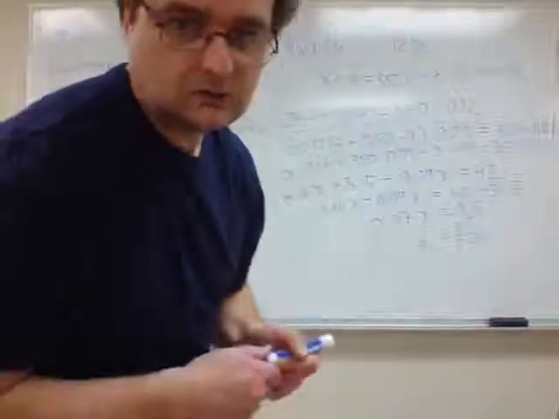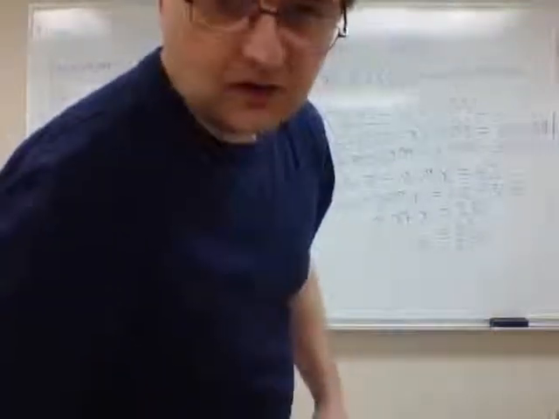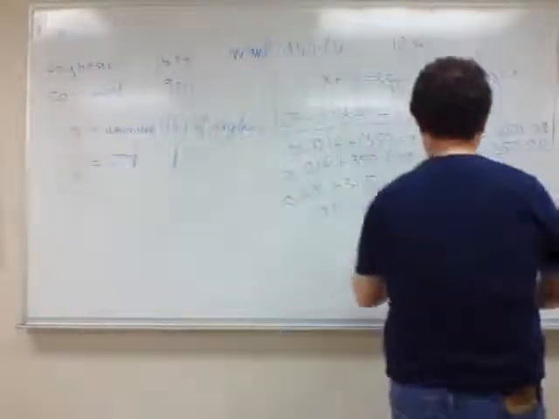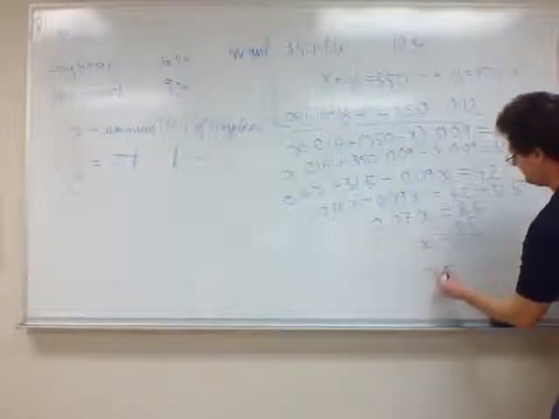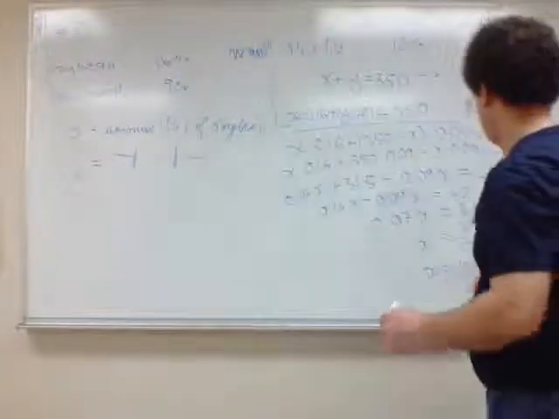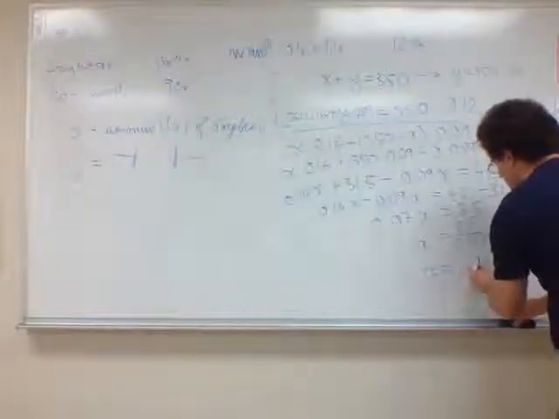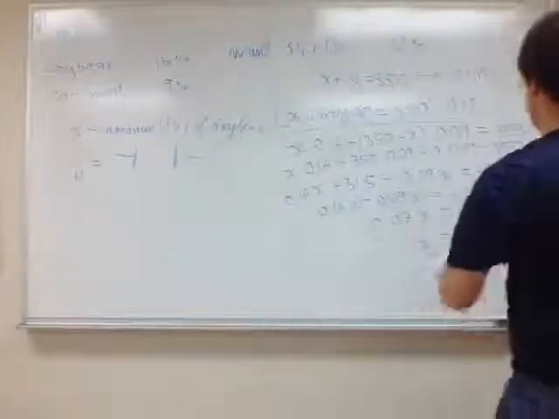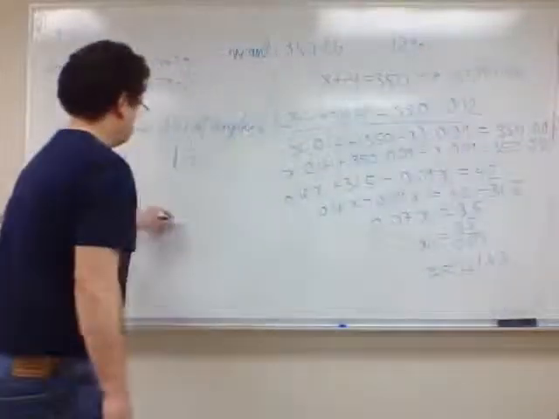And let me use calculator to see what this is. This is 8.5 divided by 0.07. That's 121.43 approximately. So x is approximately 121.43.